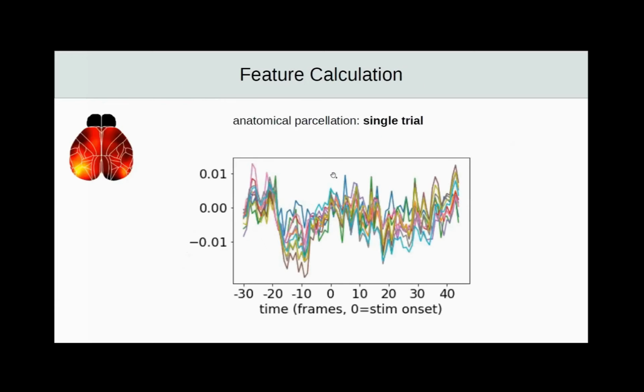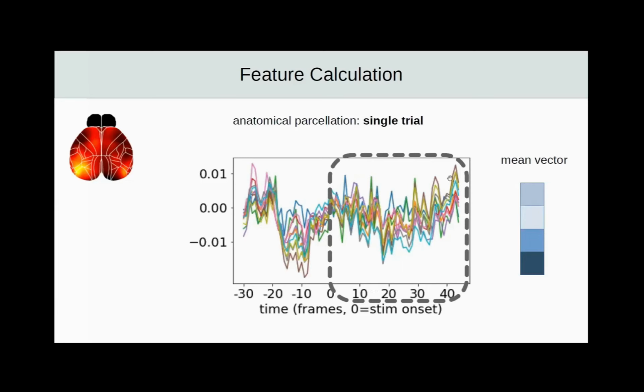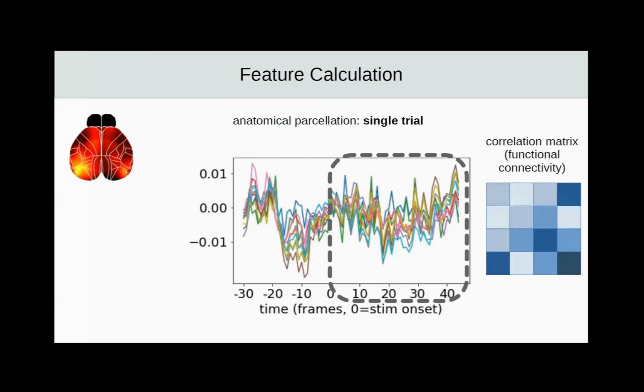And so as a current step, what we are doing is we consider single trial activity. We look, for example, during the stimulus period, at the mean activity that you can put in a vector and how this can be used for decoding. And we compare it to the correlation of this activity during the same period as a marker.